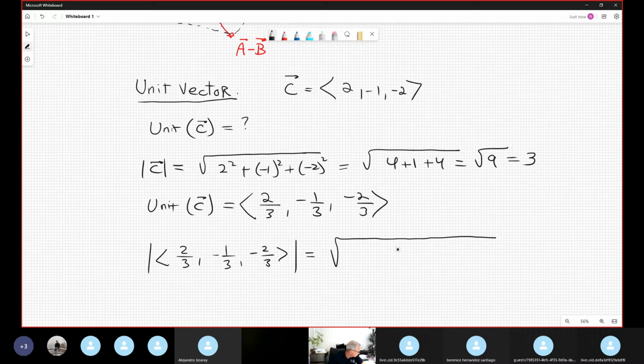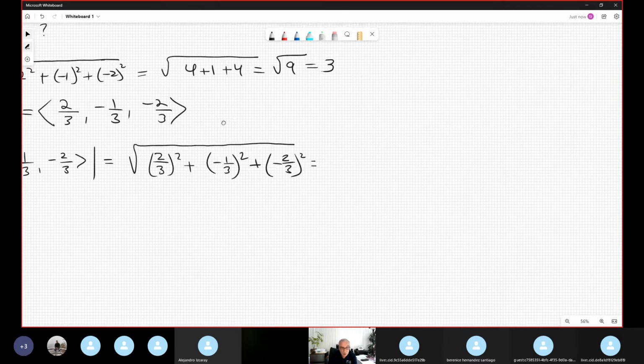Don't worry, some people do not get the process. So you square this, 2/3 square, plus negative 1/3 square, plus negative 2/3 square. Okay, let's compute it here. Surprise, what is the answer of this?